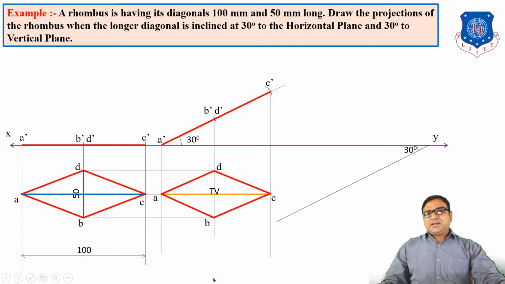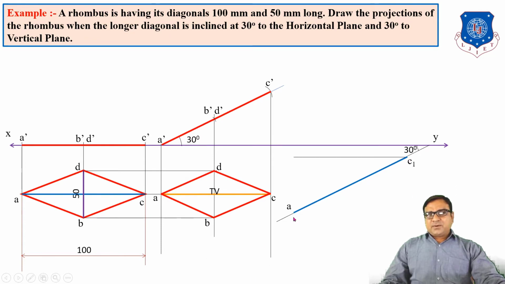So when the line is inclined to both reference planes, the top view of that line is inclined at an apparent angle beta. To find the apparent angle beta, we have to draw one line inclined at 30 degrees to XY. Now take AC1, which is the true length of the longer diagonal, 100 mm.